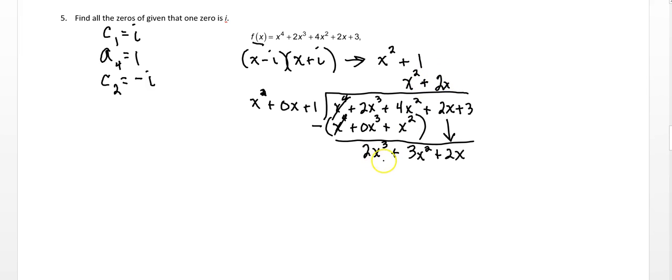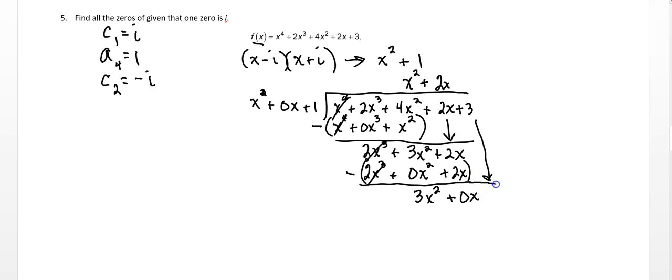Well, 2x. Multiply. Subtract. And bring down our final term.